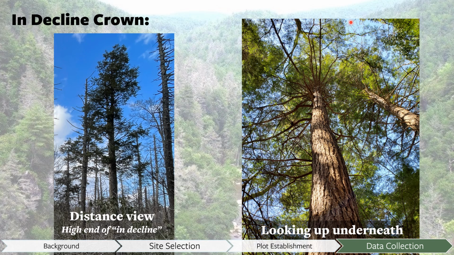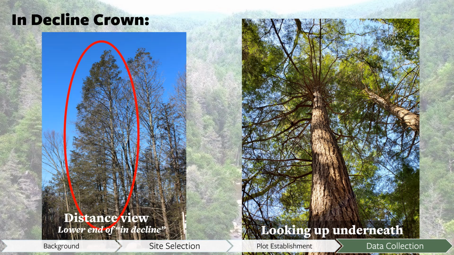If you look right in this area, you can see there are really fine branch tips that have lost needles. That's a telltale sign of hemlock woolly adelgid damage, where you can tell that these recently had needles on them, and so you can guess that the decline is not just because those branches are being outshaded by neighboring trees.